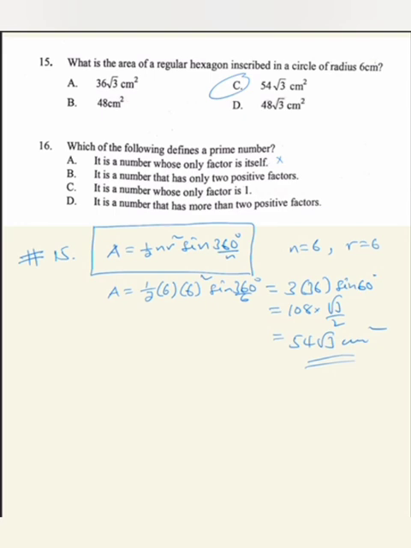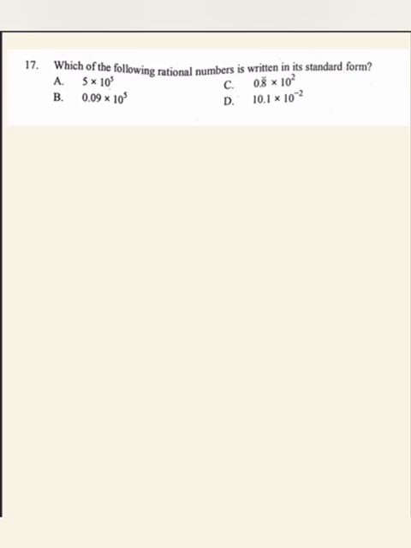B: it is a number that has only two positive factors. Okay, ይሄ obviously two positive factor አለው, ነምበሩ ራሱ እና 1. C: it is a number whose only factor is 1, ይሄም አይደለም. D: it is a number that has more than two positive factors, ይሄ composite number እንጂ prime number አይደለም. Therefore the answer for question number 16 is B.